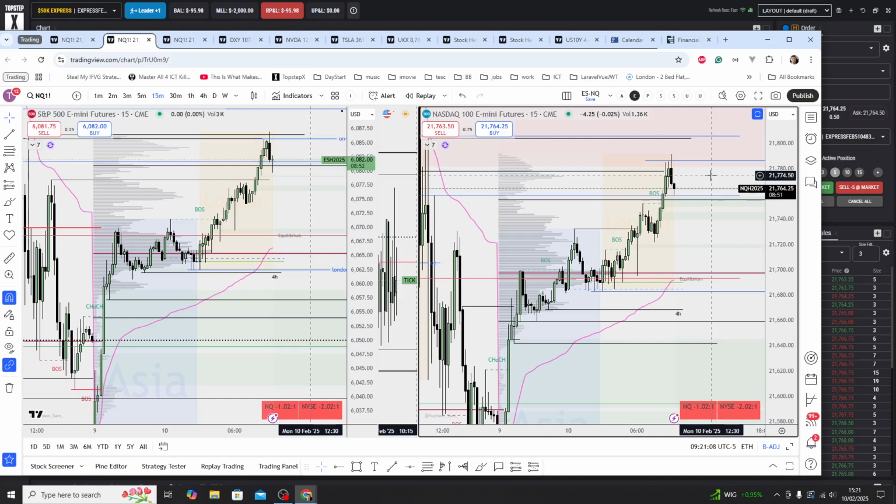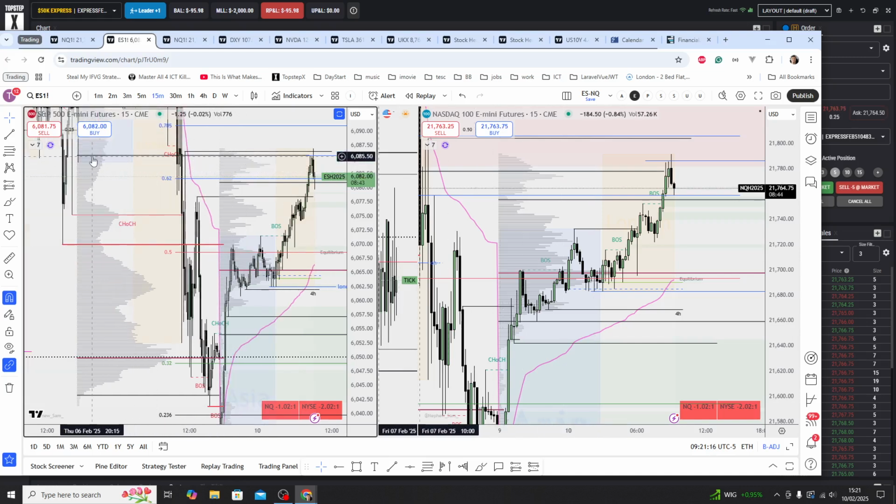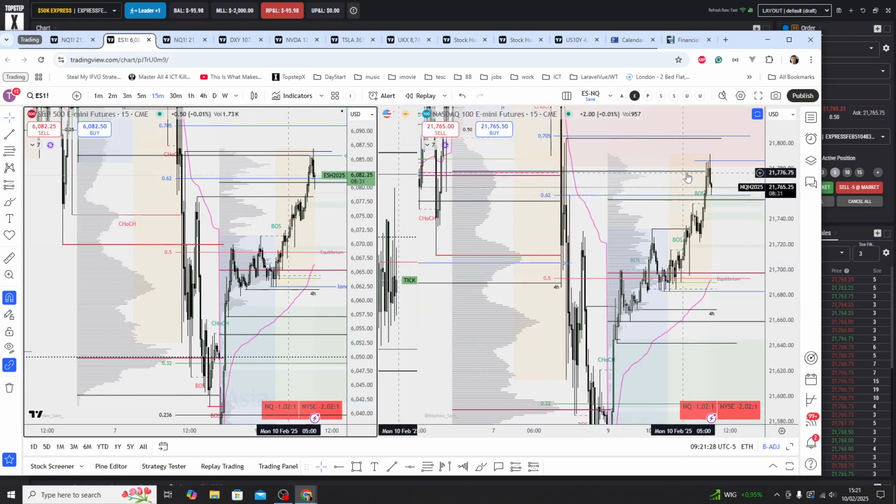Nine minutes still until open. We did tap into this volume area high on the ES. We did tap into this one as well on NQ.